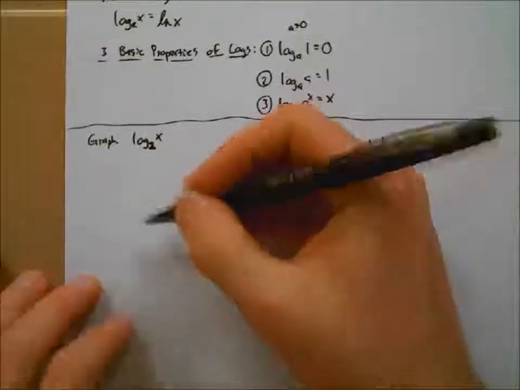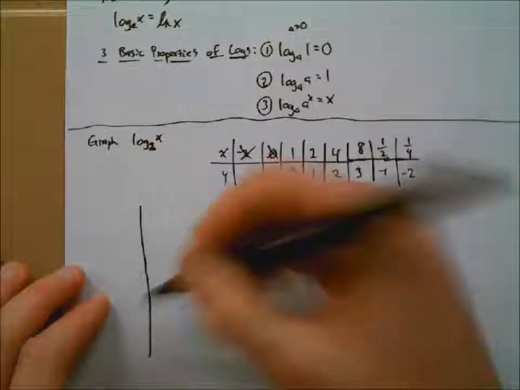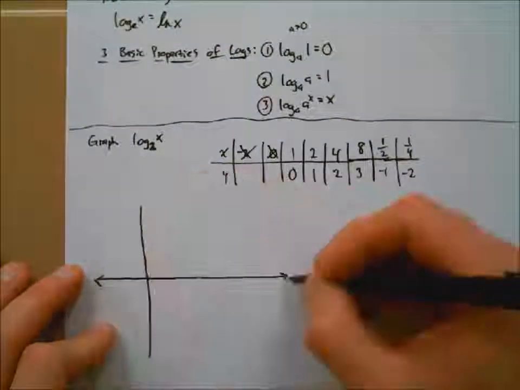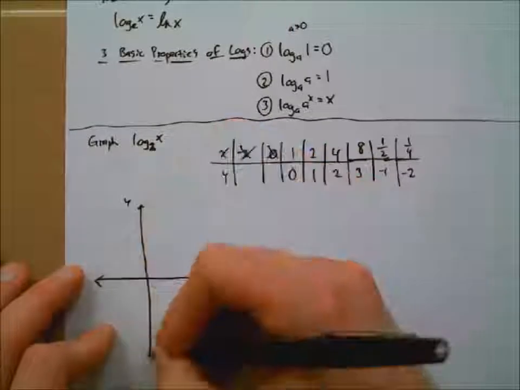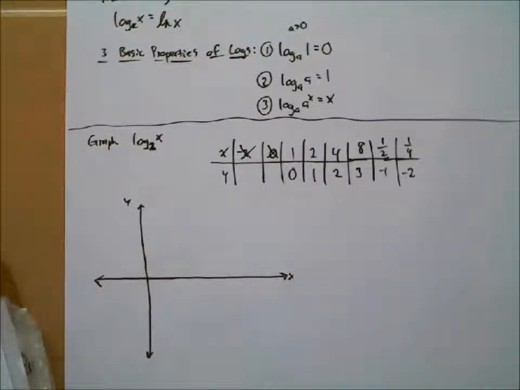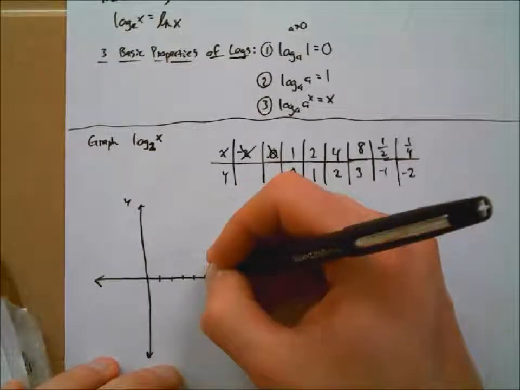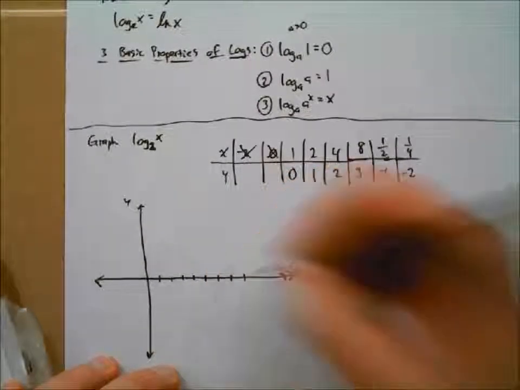Okay, so let's see what this is going to look like then. Ugh, I didn't graph the y-axis very well, but oh well. Okay, let's see. 1, 2, 3, 4, 5, 6, 7, 8.